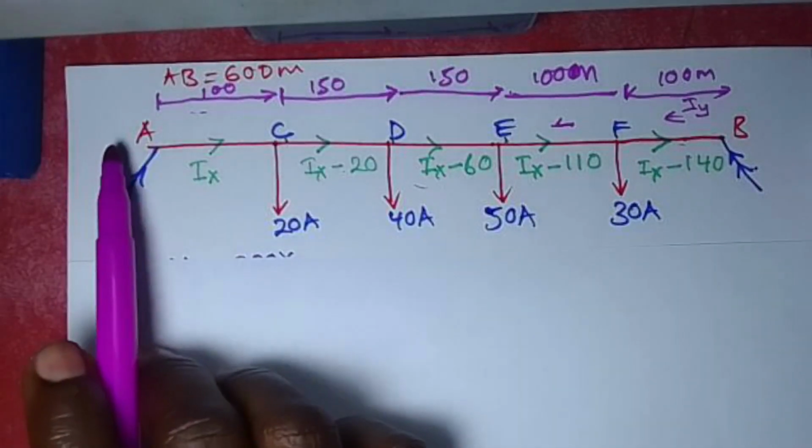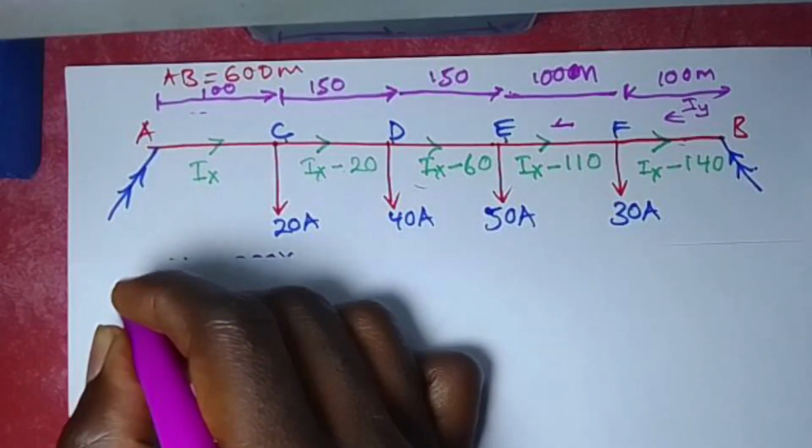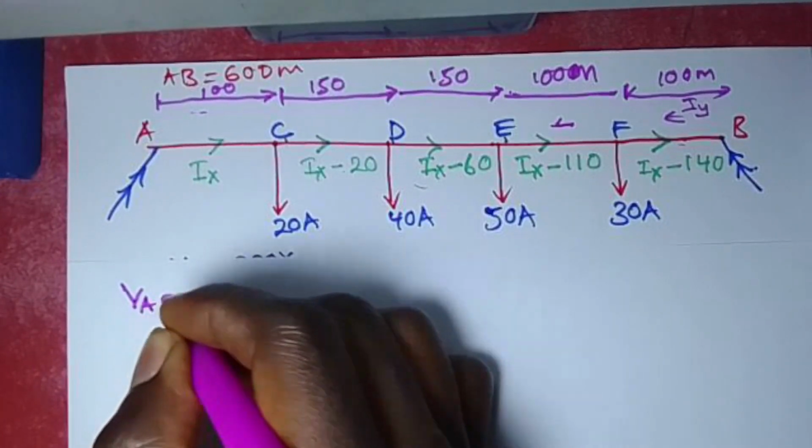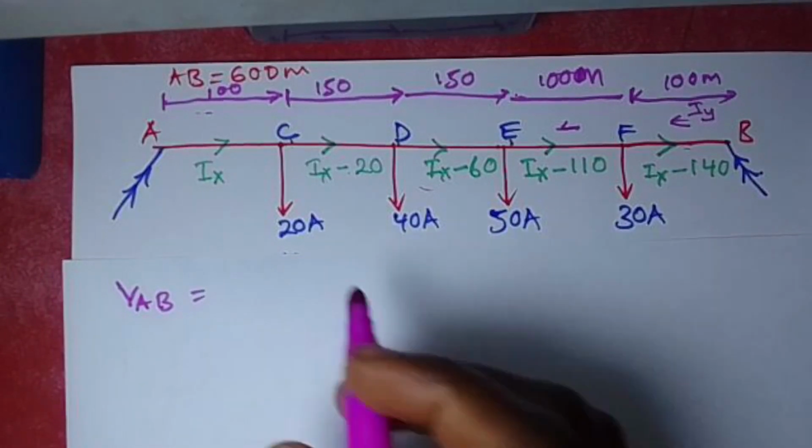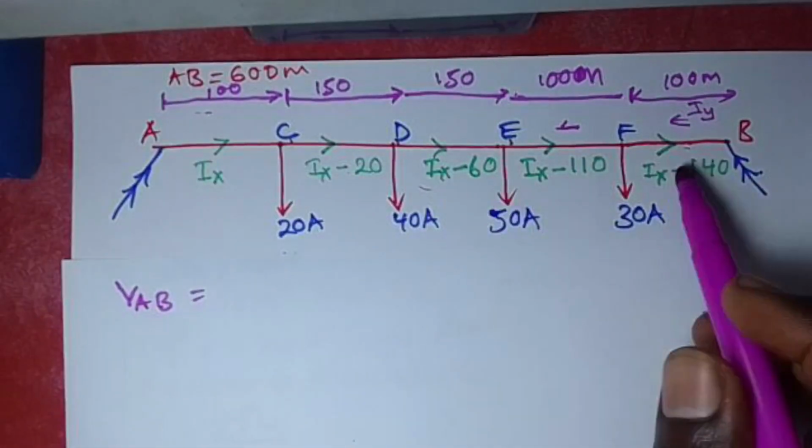Remember, the voltage drop along A, B is going to be equal to the sum of the individual drops along this line.